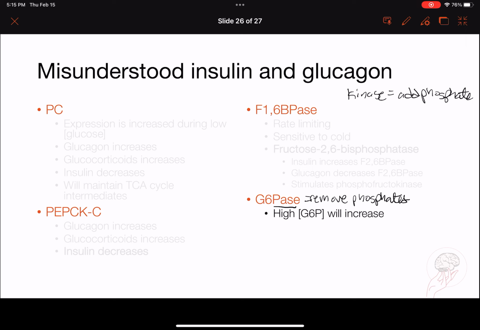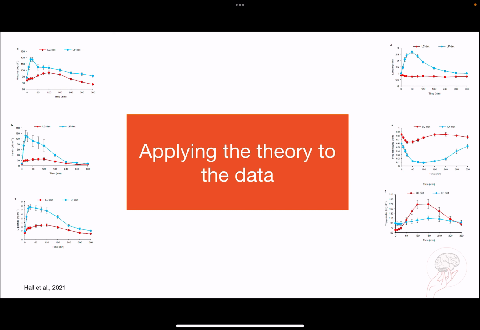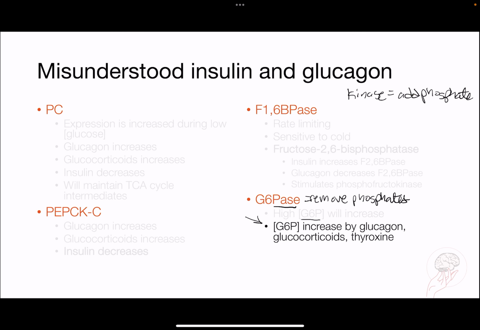When we have high concentrations of glucose 6-phosphate, it's going to increase glucose 6-phosphatase. This is increased by glucagon, glucocorticoids, and thyroxine. So again, this is promoting gluconeogenesis.